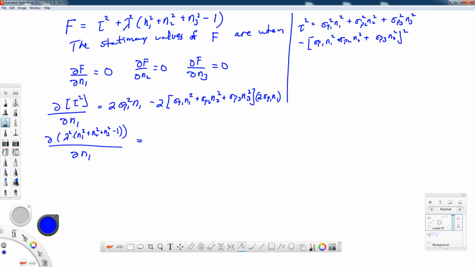Now, if I multiply the lambda squared through here and take the partial derivative with respect to n1, the only term I get out of it is a lambda squared times 2n1. So the partial derivative of f with respect to n1 is those two terms added together.